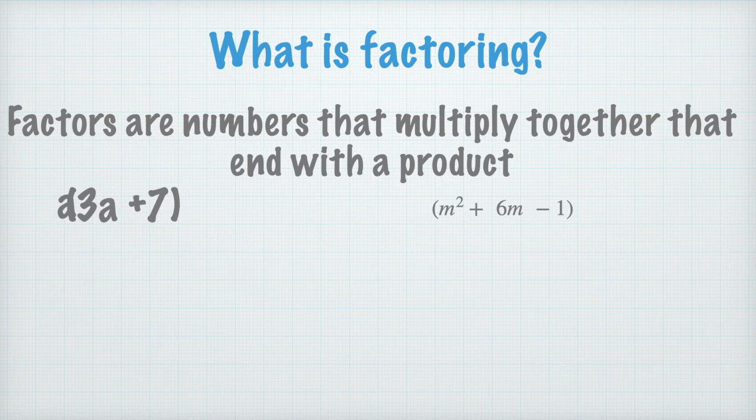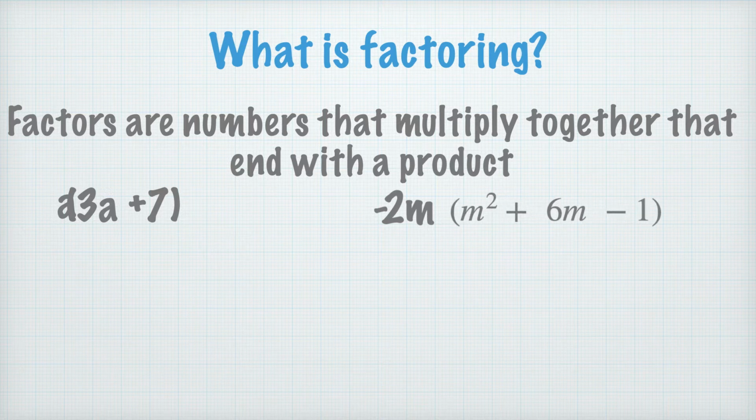If I have negative 2m times the quantity of m squared plus 6m minus 1, 2m is a factor, and m squared plus 6m minus 1 is a factor.